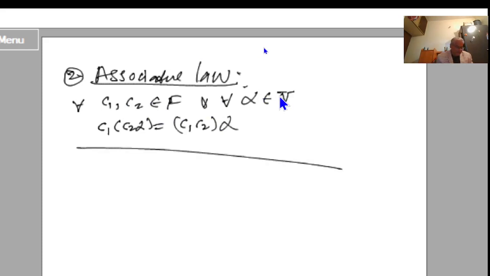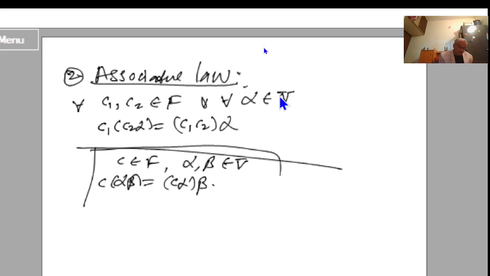What happens if I consider C belongs to F, alpha, beta belongs to V? Can I write C into alpha beta equal to C alpha into beta? No, this is not possible here. Why? Because alpha into beta is not defined. Alpha belongs to V, beta belongs to V, in between these two only plus is defined. Dot multiplication is not defined here.